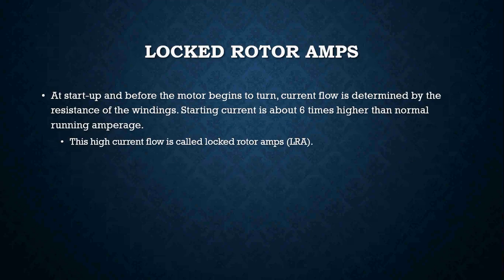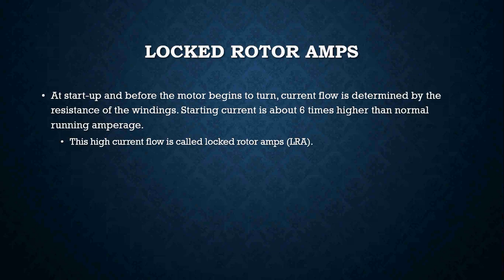Locked rotor amps is a common term that you're going to hear when you're dealing with motors, or better known as LRA. Okay? When we deal with locked rotor amps, it's at startup and before the motor begins to turn. The current flow is determined by the resistance of the windings. Starting current is about 6 times higher than the normal running amperage.